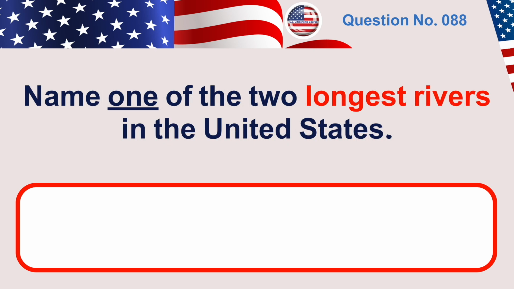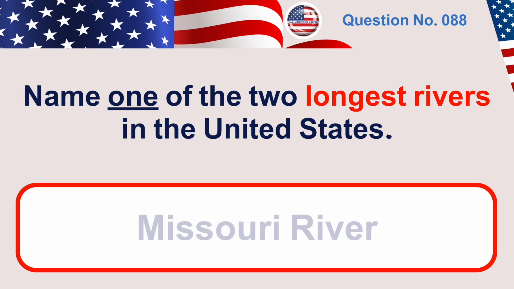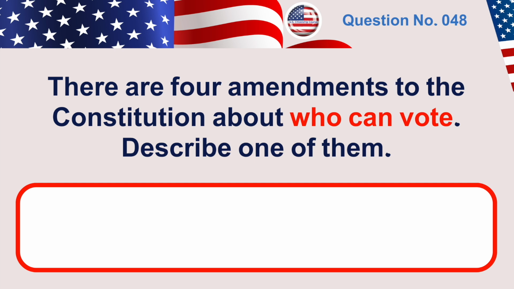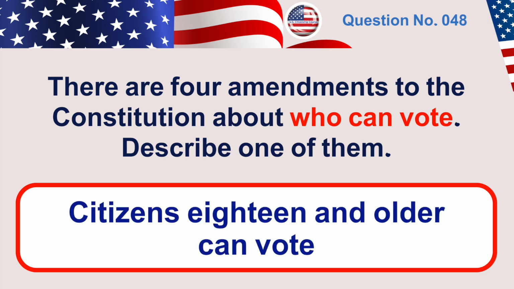Name one of the two longest rivers in the United States. Missouri River. There are 4 amendments to the Constitution about who can vote. Describe one of them. Citizens 18 and older can vote.